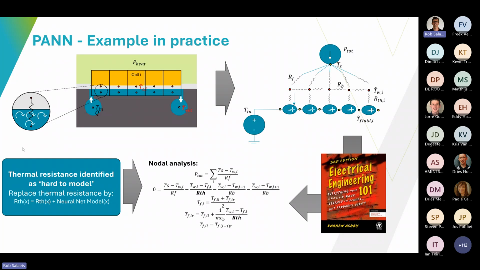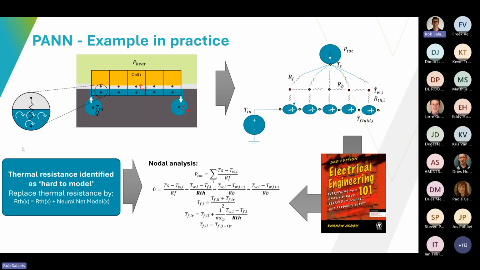And so what is now the key thing that we do for physics-augmented neural networks is, for this difficult-to-model aspect, we replace our original parameter by the parameter plus a neural network model. We can still choose what the inputs to that neural network should be, but we replace our difficult physical parameter by the original estimation of that parameter plus a neural network.